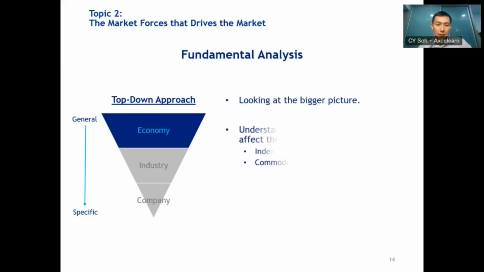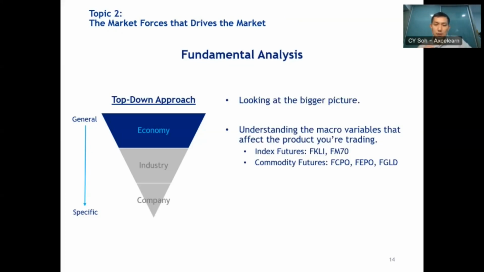Of course, it depends on which futures product you trade. You need to know what macro fundamental variables actually affect them. If you trade index futures, FKLI, you just need to know what affects FKLI price movement. If you trade commodity futures, FCPO, you need to know what affects FCPO price movement.